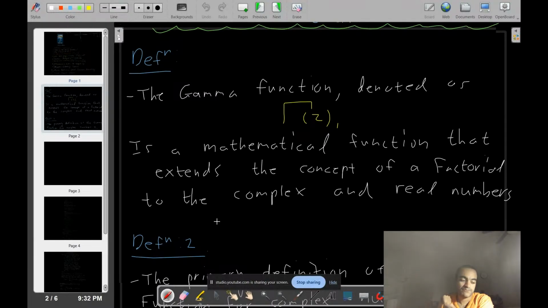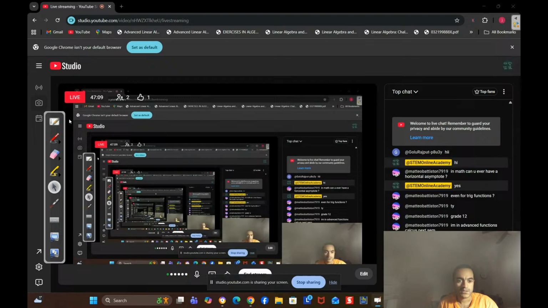If you've taken data management, probability, or statistics, you will be familiar with what a factorial is. Does anyone understand what I mean by factorials? Factorials are very handy.